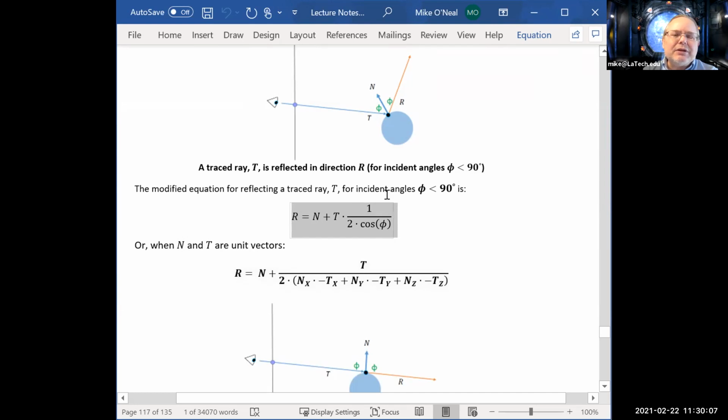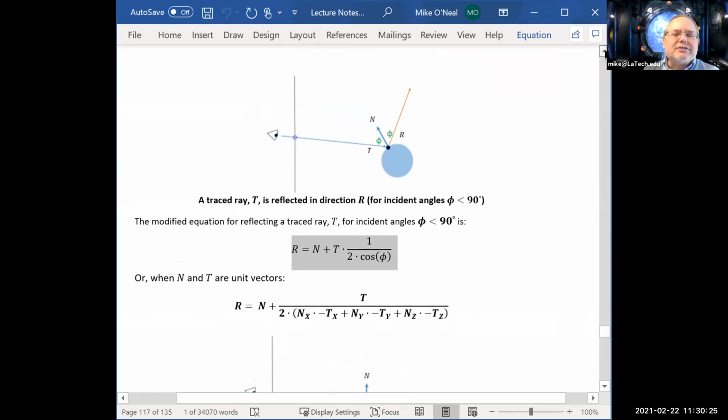Obviously, your n and T need to be normalized. This capital T is not the little t we were just talking about, how far to go. I'm using capital T here to say this is the traced ray.